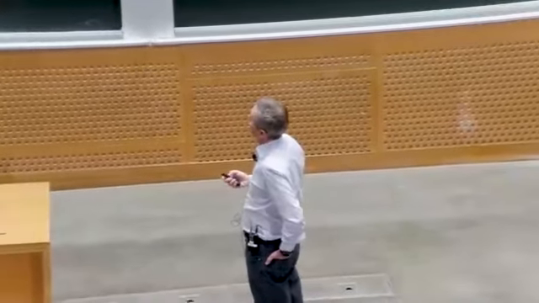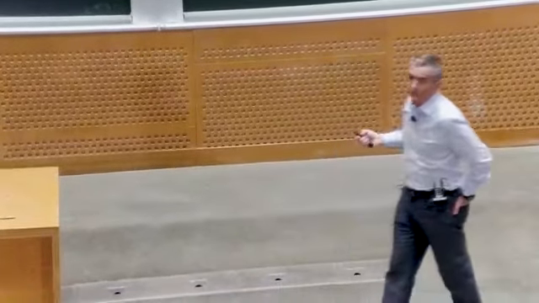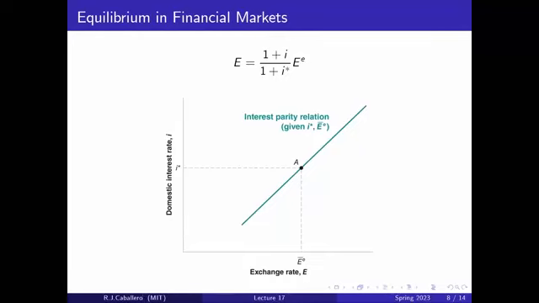Good. So you should understand this curve and know what moves it. Here it's very clear what moves it. There are two things that can move this curve. One is a change in I star, the other one is a change in the expected exchange rate. What happens if I star goes up?